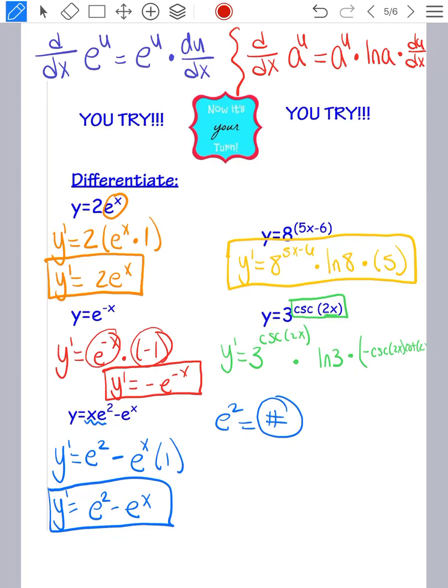And then times, chain rule again, the derivative of the inside, which is 2. So this would be a to the u times natural log of a times the derivative of u, and u would be this exponent, and the derivative of cosecant is negative cosecant u cotangent u, sorry there's an x here, times 2.